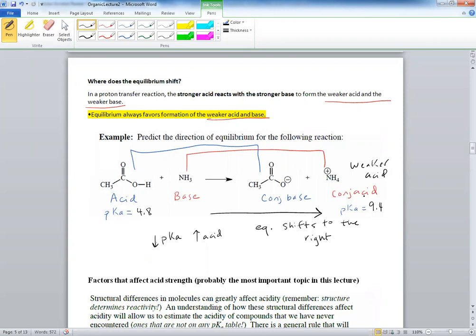I know it's the opposite, it's inversely proportional, we can think of it that way. And this is the stronger acid. So we always shift toward the weaker acid.